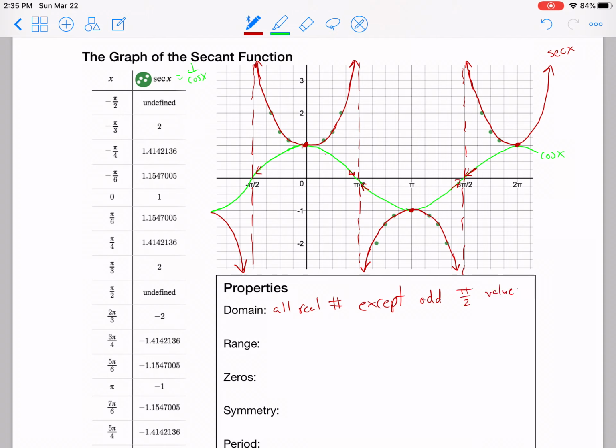So wherever we're plugging in a pi over 2, here, here, here, those were the actual zeros, and this is where cosine of x equaled 0, kind of like with the tangent function, because now cosine is again in the denominator.